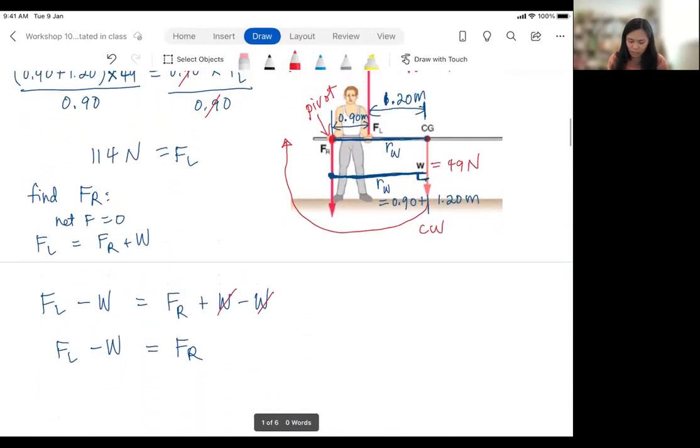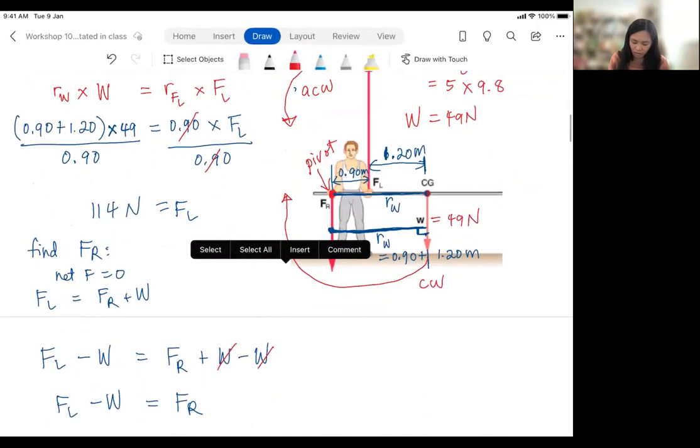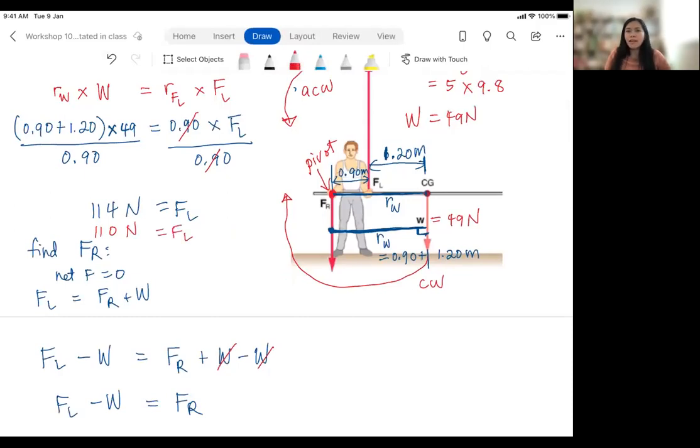So roughly speaking, if you round your FL to the correct number of significant figures, it's 110 newtons. Does that answer your question, Hein?